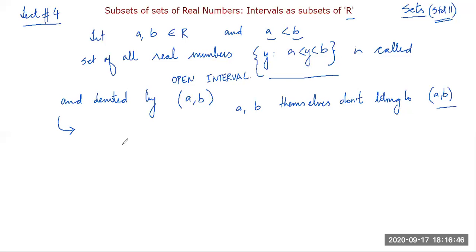So let's define it. Now, the interval which contains endpoints, well, I call A and B endpoints. There could be so many numbers in between them. And how many numbers? Can anyone guess?